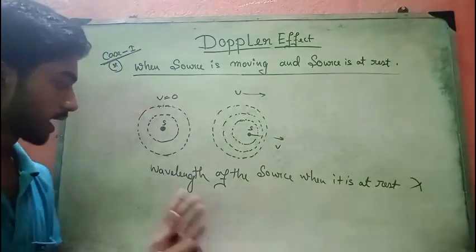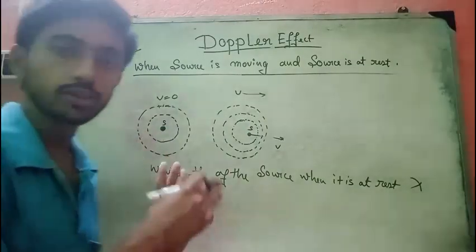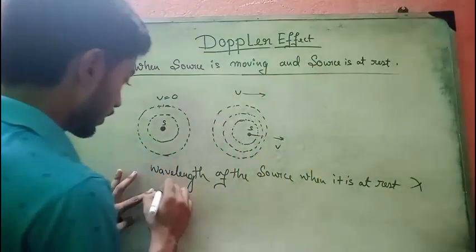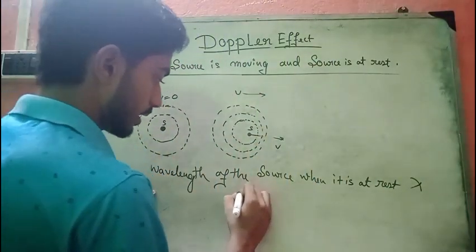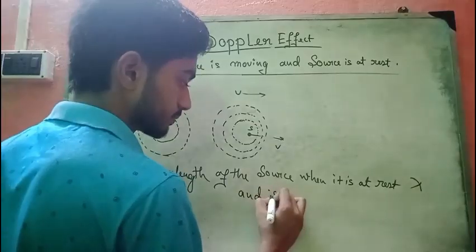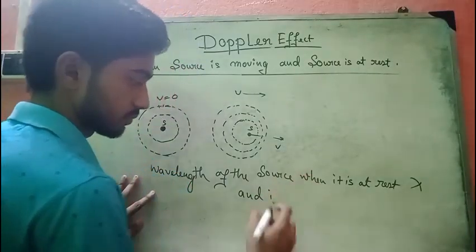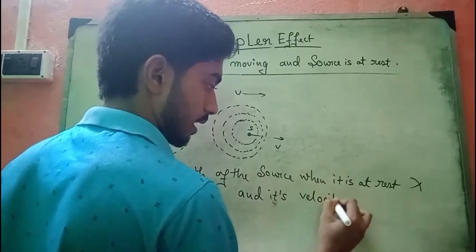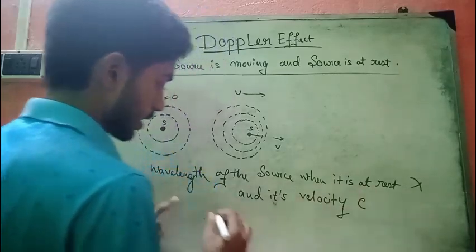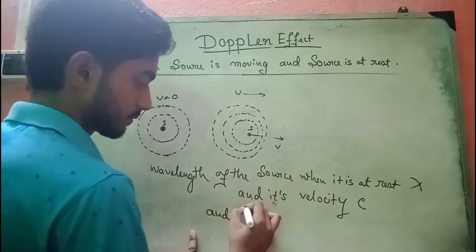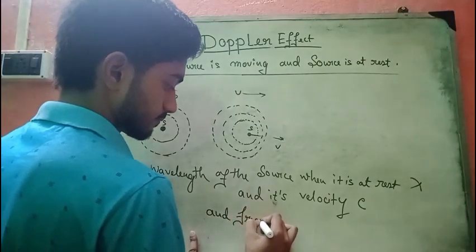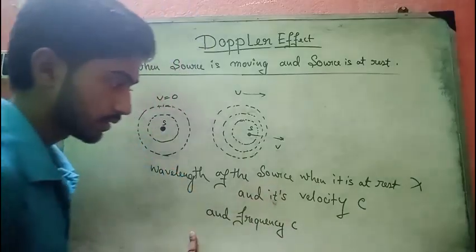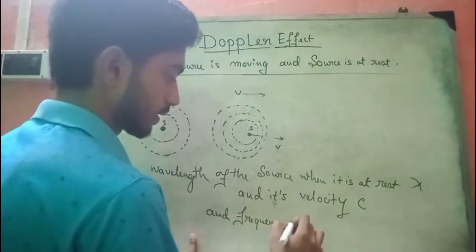Let's assume the wavelength of the source is lambda when it is at rest, and its velocity c and frequency n.